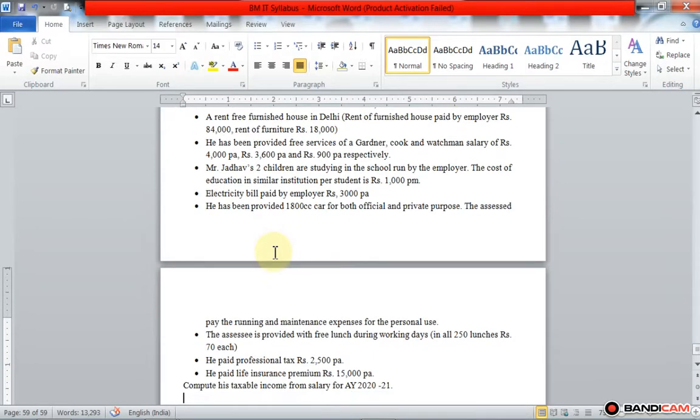He has been provided a motor car of 1800 cc for both official and private purposes. The assessee pays the running and maintenance expenses for personal use.